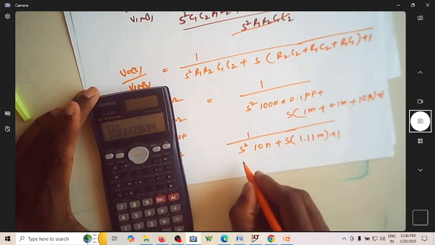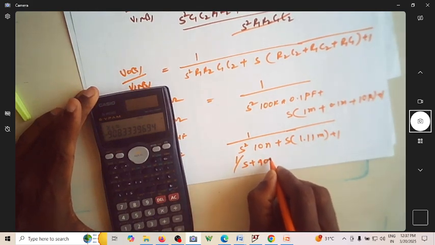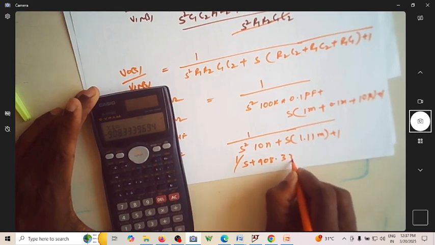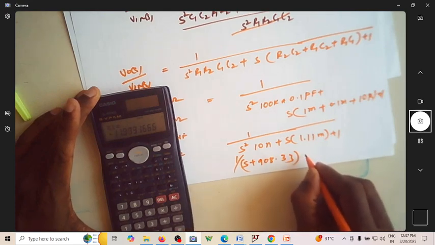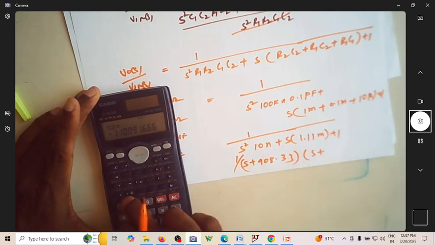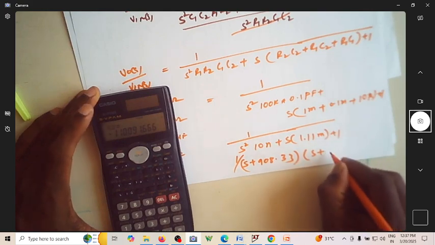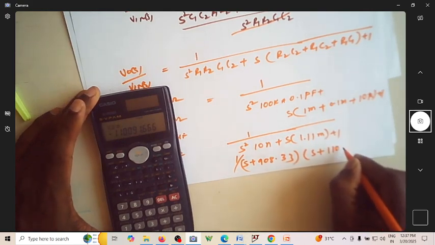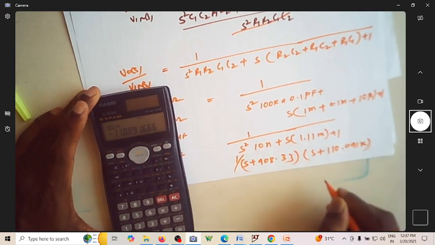So the roots are, I can write it as 1 over s plus 908.33 is one root. How about the other root? The other root is at s plus, if I do the engineering, can you see this is 110.091k, correct?